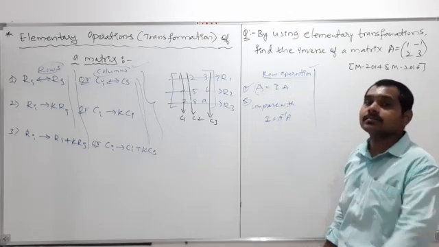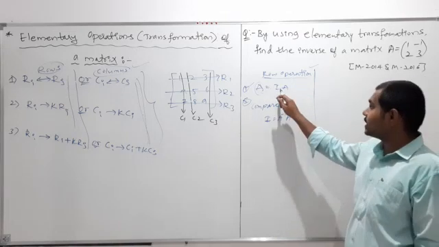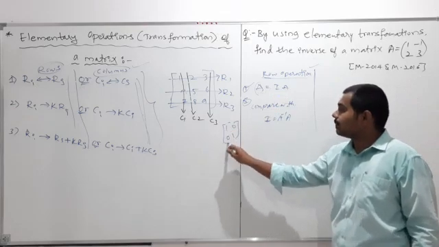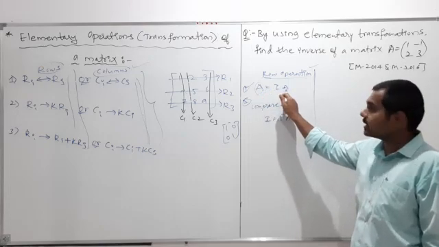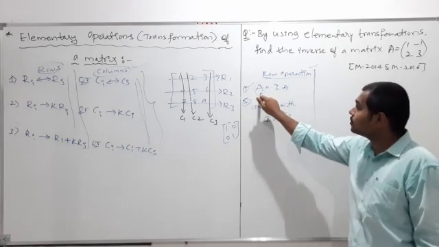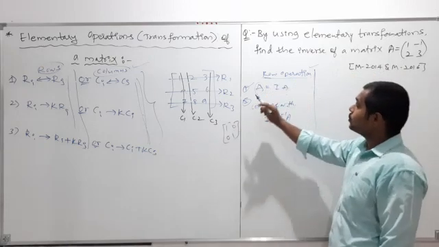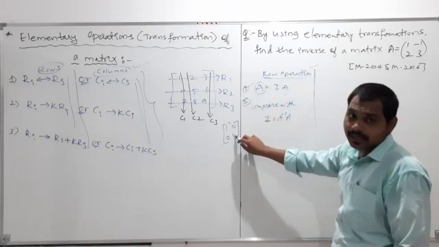If the matrix given to you is of the order 2 cross 2, you should take the identity matrix as 1 0 0 1. Clear? And this A you should write as it is, A only, but here you should replace the matrix A. Clear? After that, what you should do? You should convert this LHS part into the identity matrix.